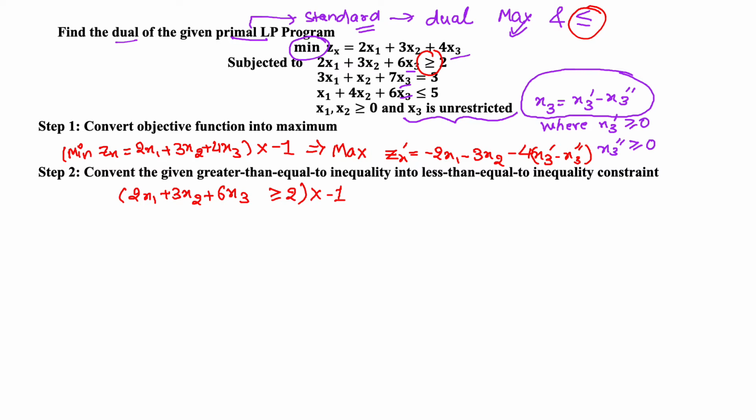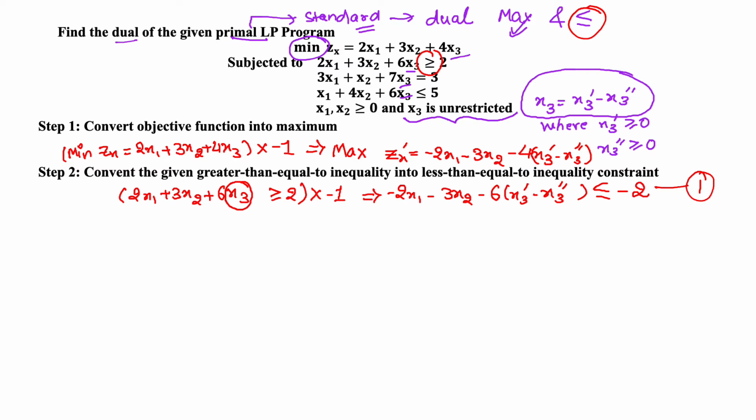So it will convert my constraint equation to 2x1 plus 3x2 plus 6x3, and we again replace x3 with x3 dash minus x3 double dash. Here, multiplying by -1 makes the signs negative, and the less than or equals to constraint will be less than -2. So that's our first constraint equation.